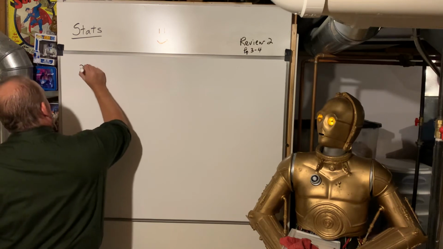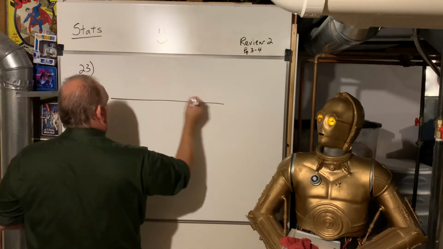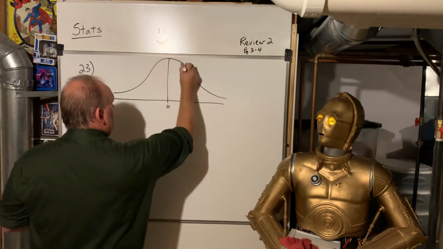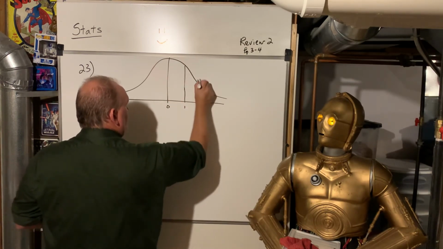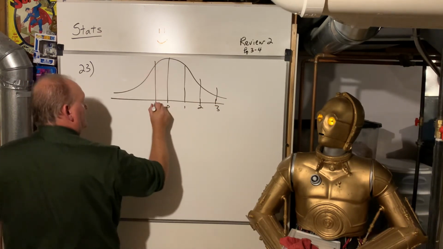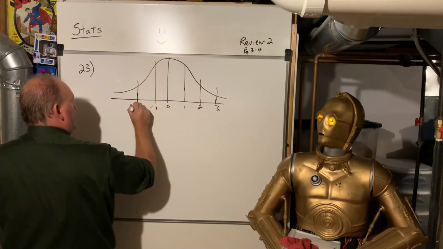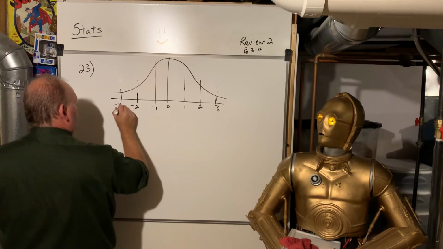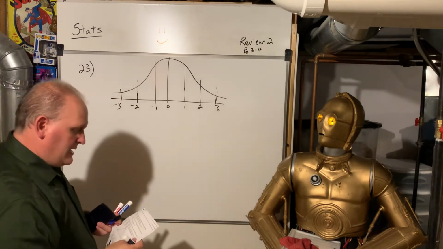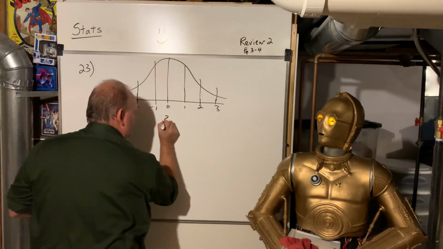23. So this is 0. This is 1. This is 2. This is 3 standard deviations above the mean. Negative 1, negative 2, and negative 3 below the mean. But now you do the 8.3 is the mean.